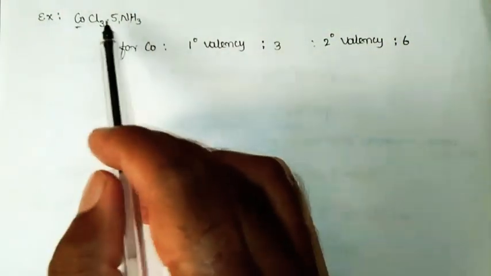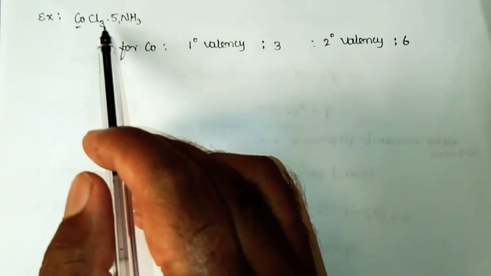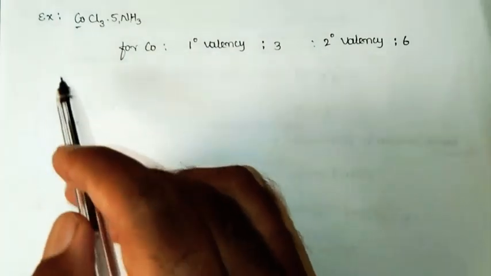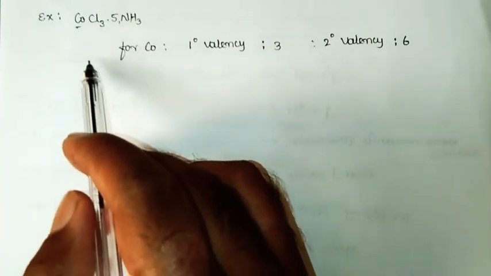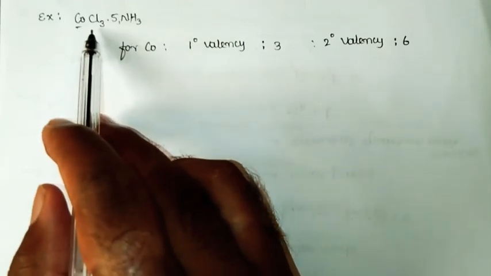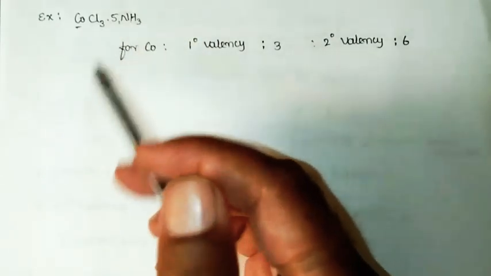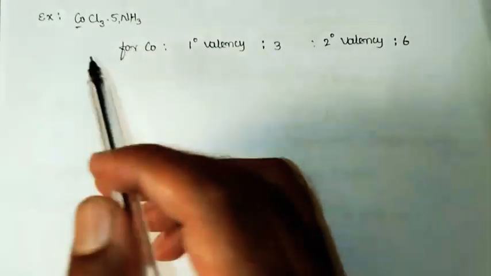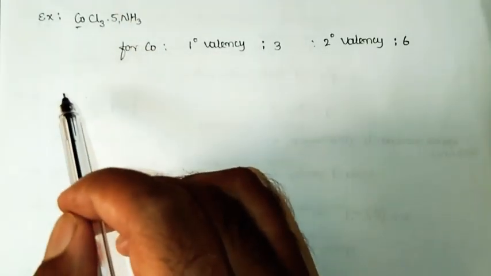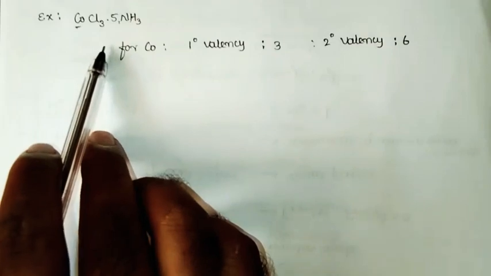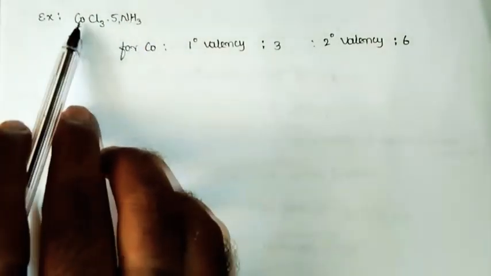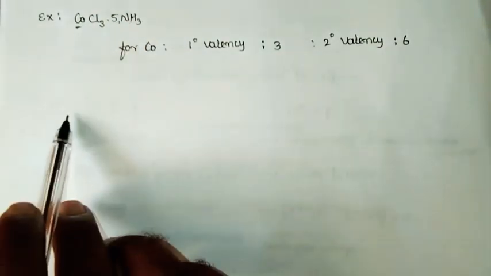So among these there is an ionic sphere also. That means we have to find the exact molecular formula of this complex compound, and only then can we give a proper IUPAC name for the given coordination compound. So now we shall trace out the exact molecular formula by considering this constitutional formula.